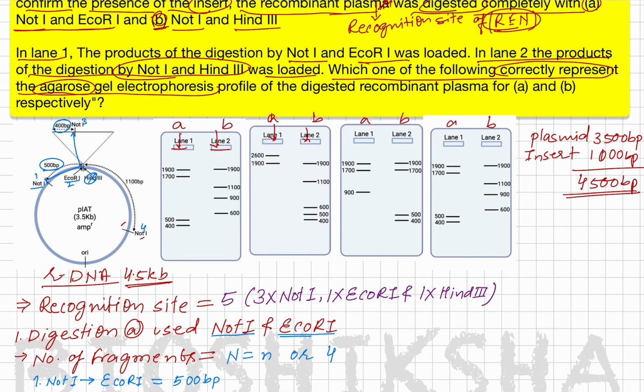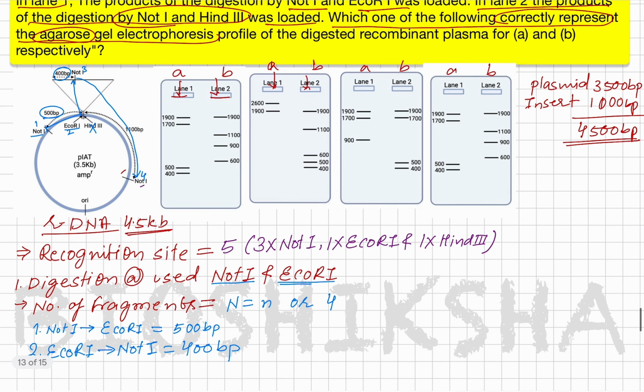The third one will be NotI to NotI. Why? Because HindIII will not be recognized, since we have not used that endonuclease. So what would be the size? From NotI to HindIII is 1100, and here it will be 600, as we know that this insert is of 1000 base pair.